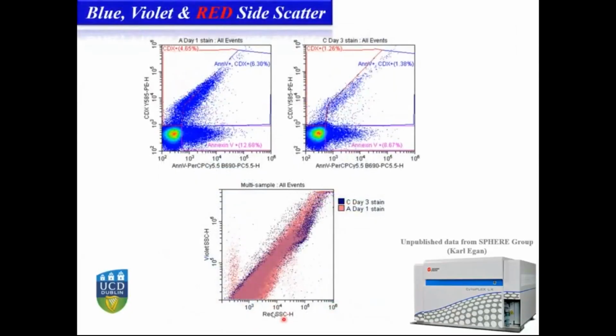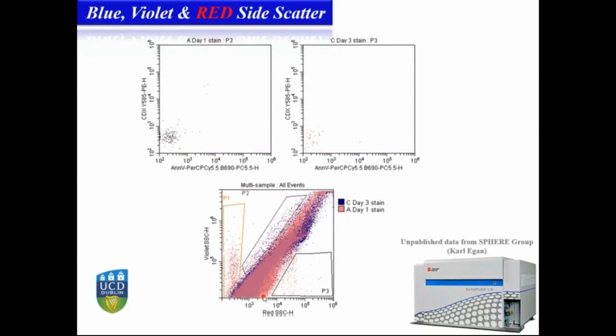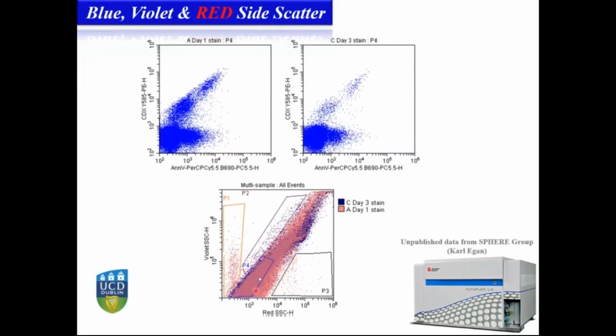So when we look at the red versus violet side scatter, and we overlap the samples on day 1 and 3, what we can see is, if we gate on the different subpopulations, excluding these ones that look more like outliers, when we focus on this first group, they share on day 1 and 3 the CD marker expression, both of them showing 2 different levels of expression, dim and bright.